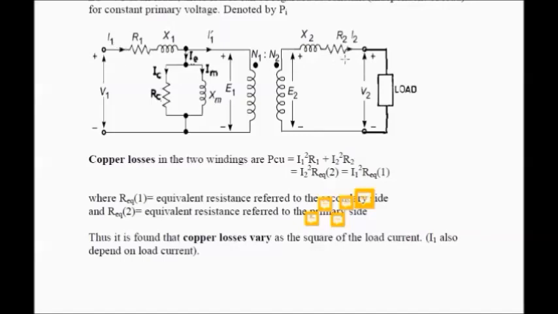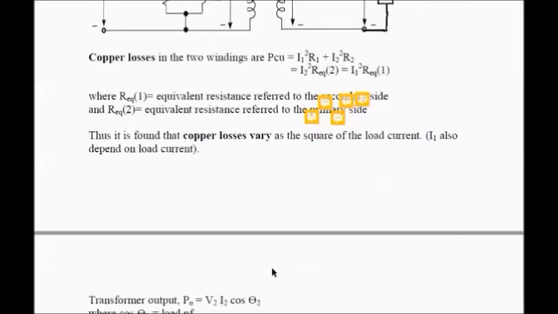And this I1 is IE plus I1 prime, and IE is very small, so I1 is approximately equal to I1 prime, and this I1 prime is counterpart of this I2, so I1 prime depends on I2, and hence I1 depends on I2. So I1 square R equivalent 1 is also indirectly dependent on load current. So copper loss varies with square of the load current.